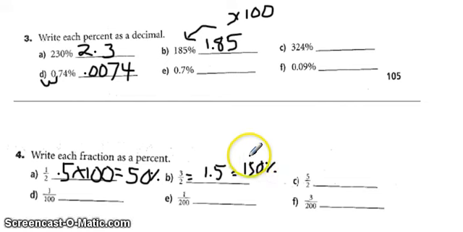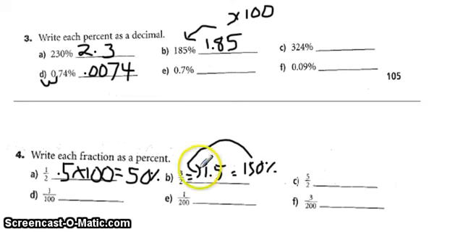Quite simple. And again, if I want to go from here back to decimal, all I would do is divide by 100 and move the decimal 2 places over. So quite simple, and that's just a quick review of that for you guys.